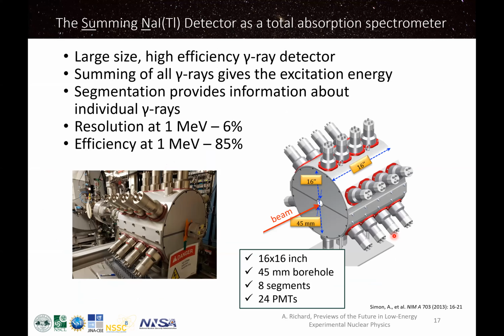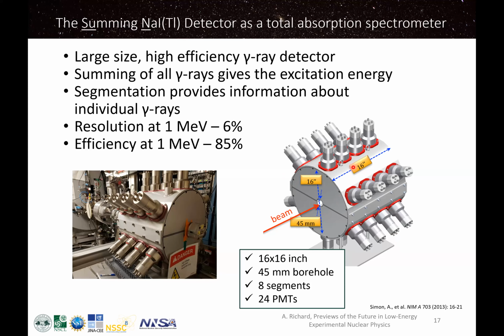The segmented gamma ray calorimeter that we use for this technique is SuN, or the Summing sodium iodide detector. It's a large size, high efficiency gamma ray detector that's a total absorption spectrometer. It's a 16 by 16 inch right cylindrical detector with a 45 millimeter borehole in the center for the beam to go through. It's composed of 8 segments of sodium iodide, where a segment corresponds to 3 PMTs, like this one that I'm showing here, and there are 24 PMTs in total.